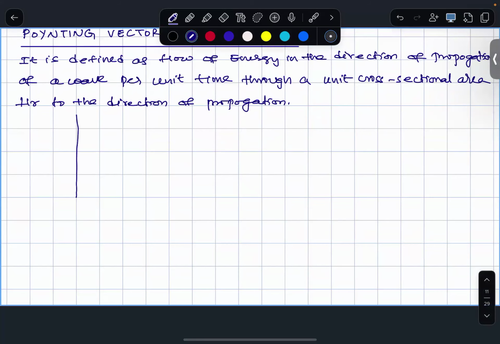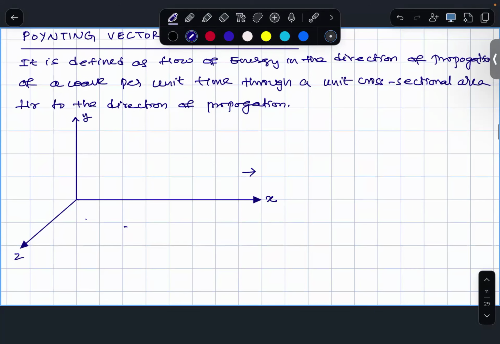Imagine a plane electromagnetic wave. Imagine a situation where light is propagating along the x-axis. And this is the z-axis, and this is the y-axis.